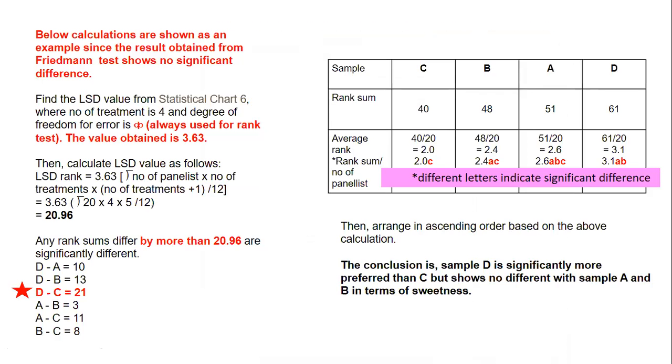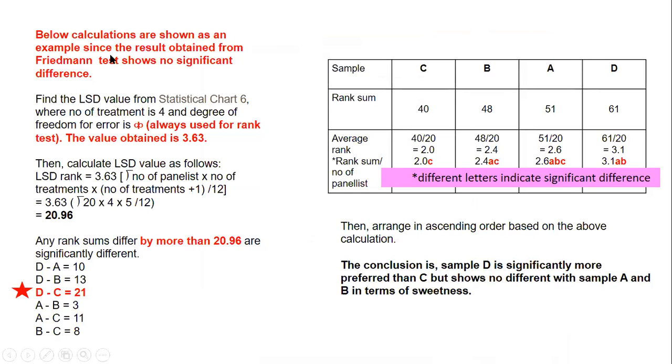All right. Okay, please imagine the same situation, but there is a significant difference. So we need to find out which samples differ. Mentioned here, below calculation are shown as an example.